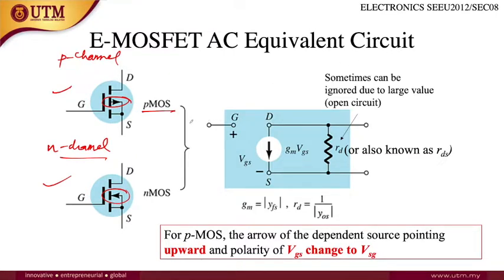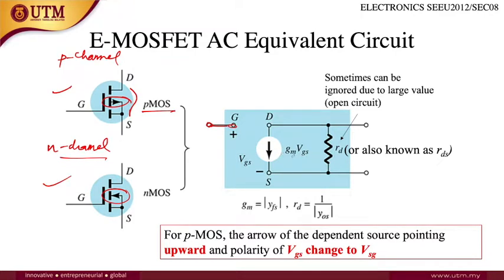So you can see this is the gate parameter. The gate is not connected to the drain, but it is close to the drain. The drain is connected to the source here, and between drain and source there is a gm·VGS.